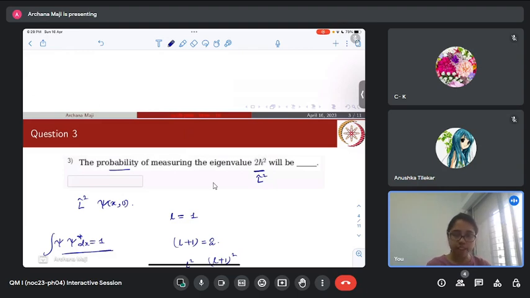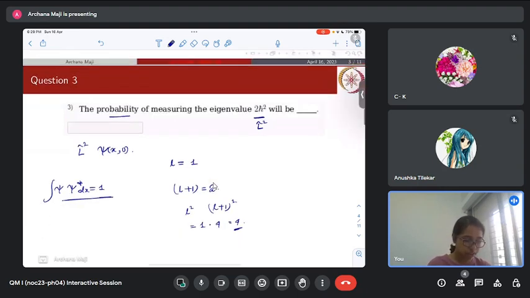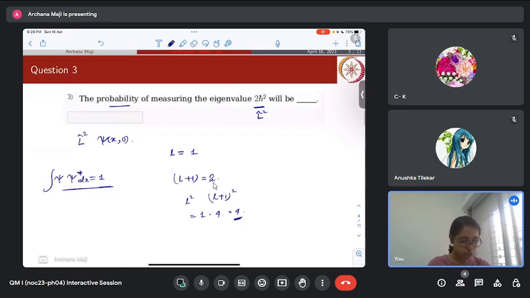What is the probability? It's not 4. You have squared the eigenvalue, but that should not be the probability. We have done many problems of finding probability. Given a state, what would be the probability of getting eigenvalue 2h cross square of operator L square?